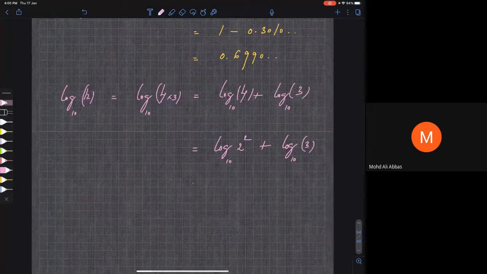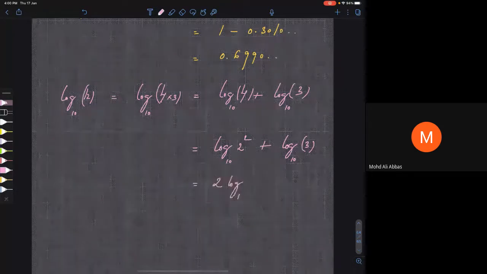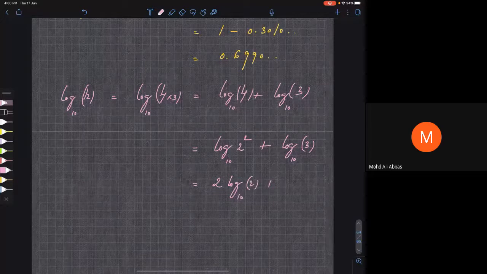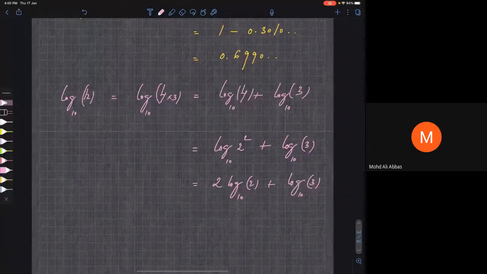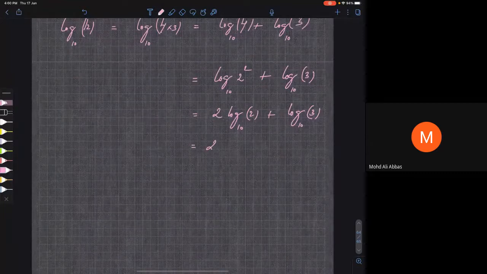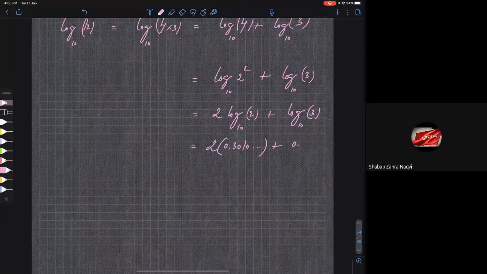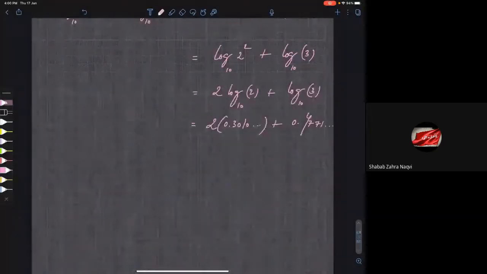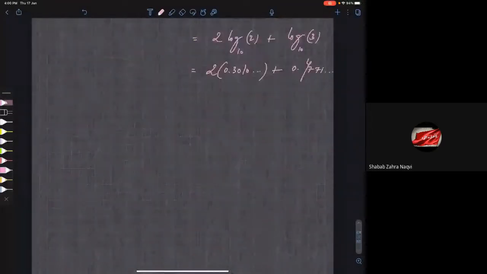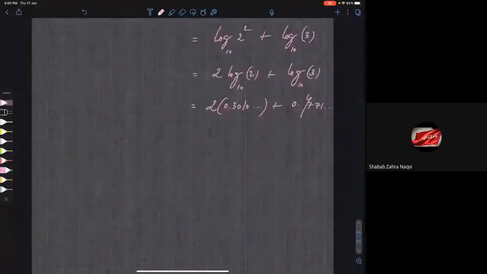So it is 2 log 2 plus log 3, which is 2 into 0.3010 plus 0.477. You add this and you can get the answer. After this, nothing difficult. Everything clear till now?